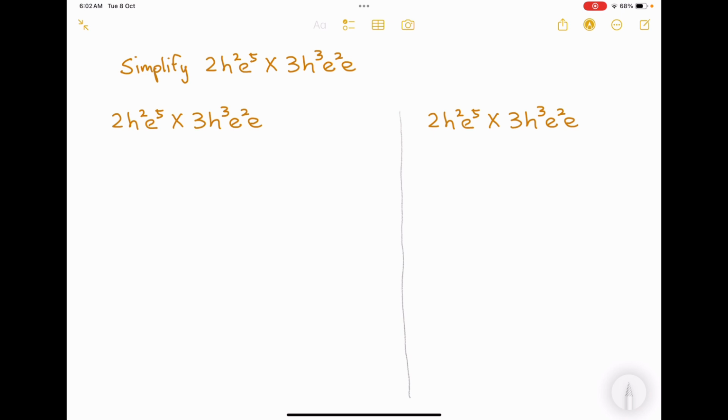I will show you the same base law first. Multiply the numbers together. H has the same base. We get h to the power of 2 plus 3. E has the same base.